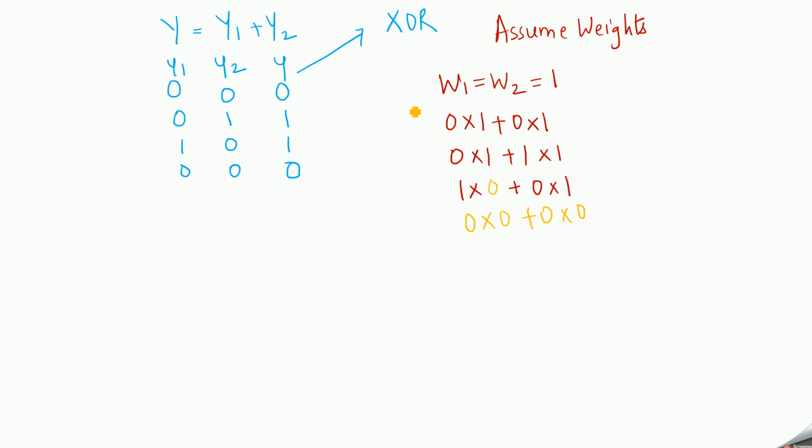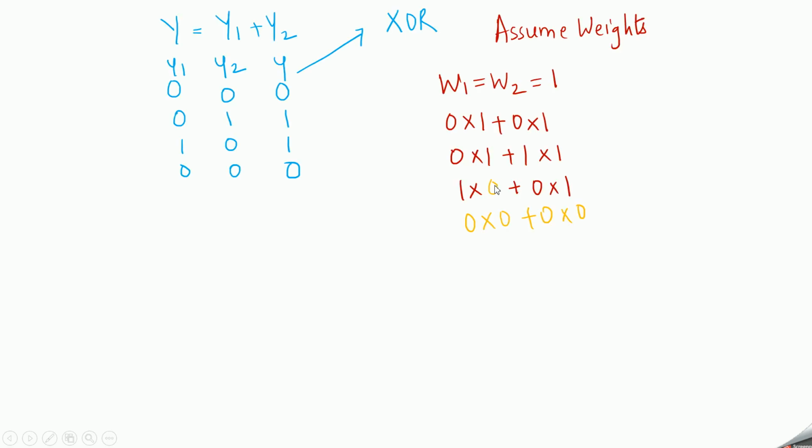See here, 0 into 1 plus 0 into 1, 0 into 1 plus 1 into 1, 1 into 0 plus 0 into 1. Yeah, this basically should be 1. I'll make the change.